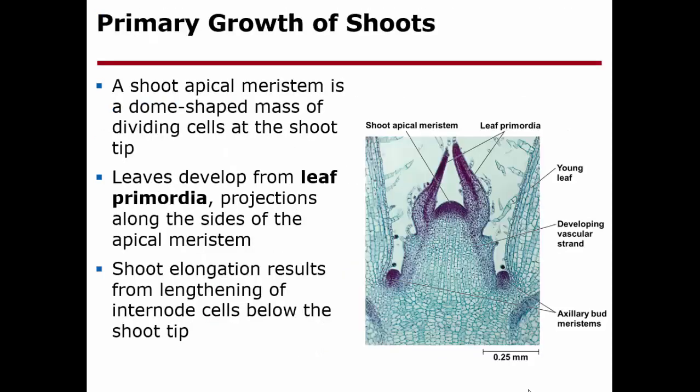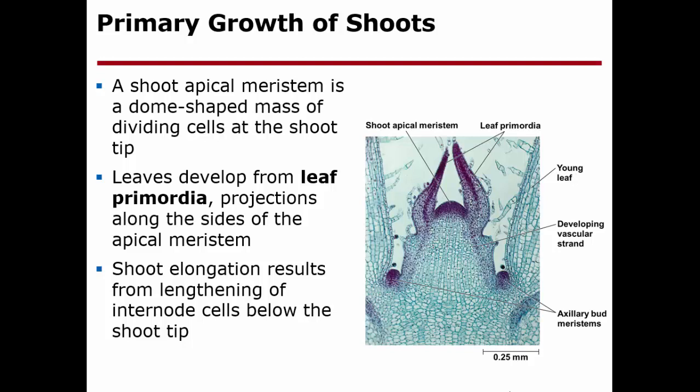So keep in mind that shoots grow more or less in the same way as roots. We don't have quite as many dead cells at the end of a shoot as we do at the end of a root, but we still have the same pattern of intense cellular division in the apical meristem and then increased cellular differentiation as we move away from that meristem.